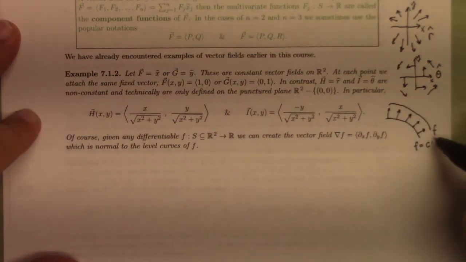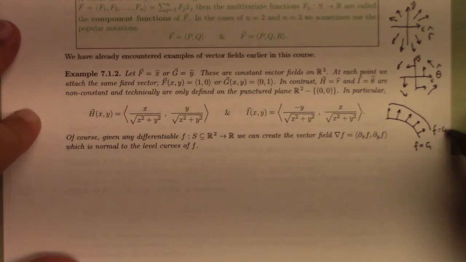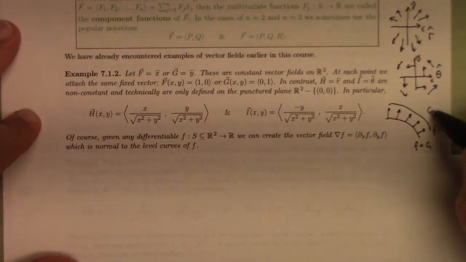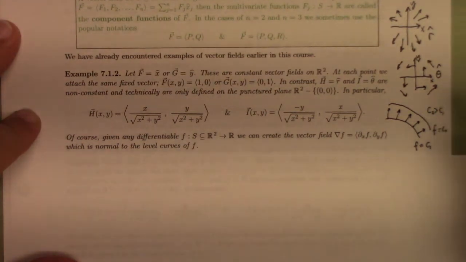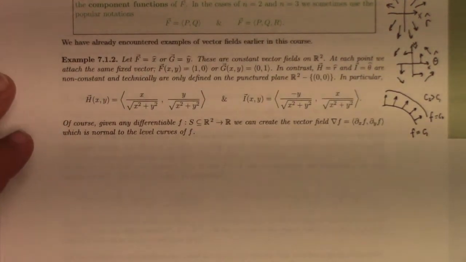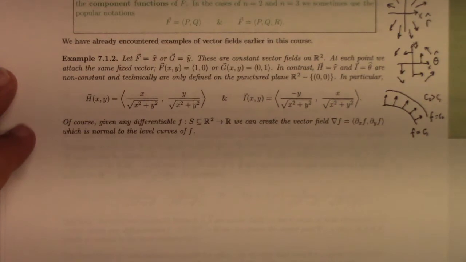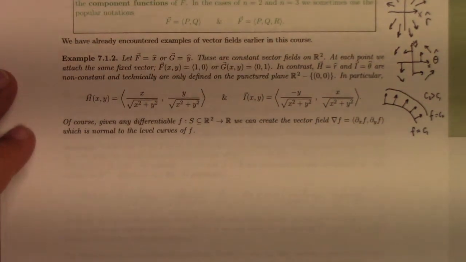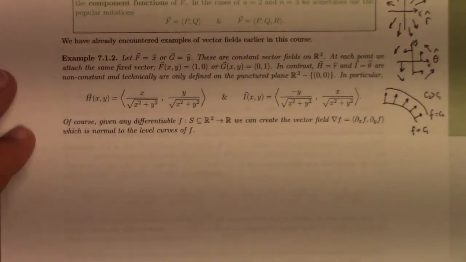This is C1, this is C2, then C2 would be greater than C1. That's how the gradient vector works; it points in the direction to level up. We saw that before in our study of directional derivatives. So that's an example of a vector field.